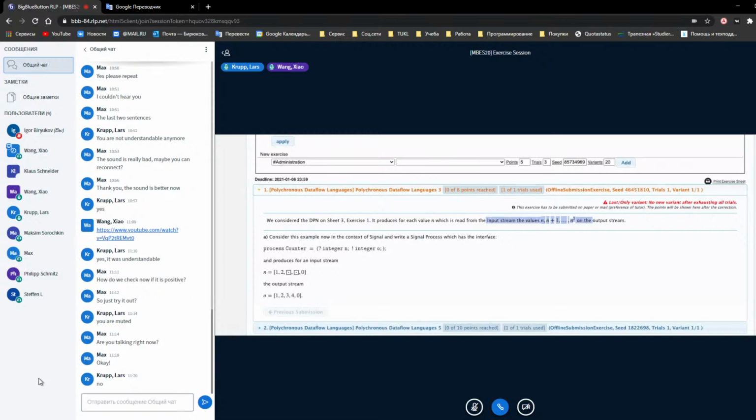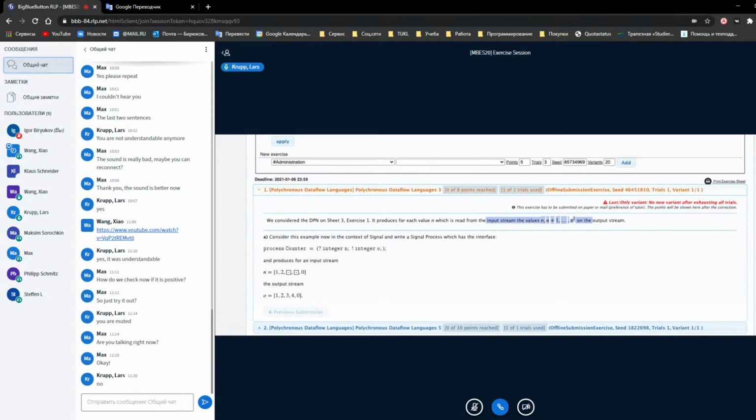The output stream and the input stream have to be connected by the same clock, I assume.